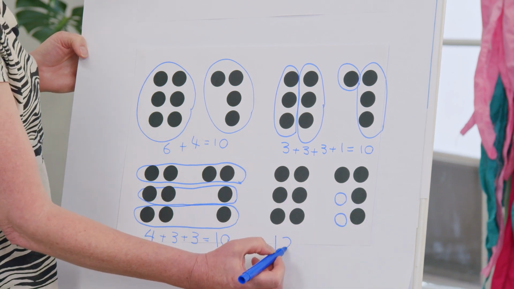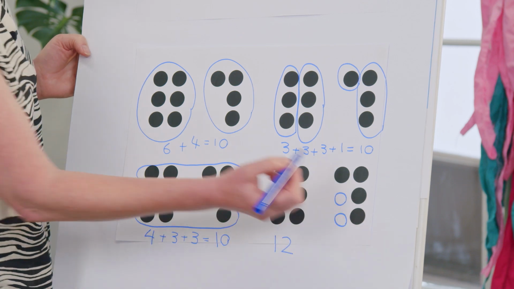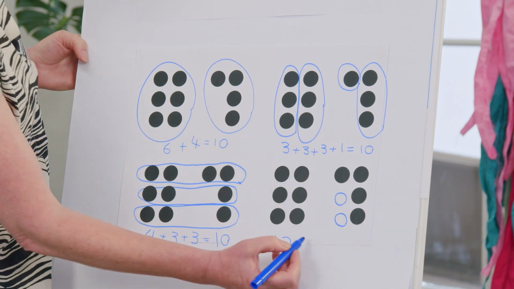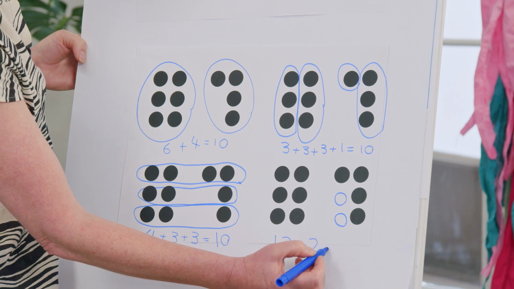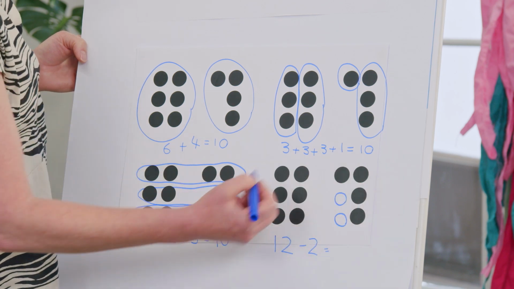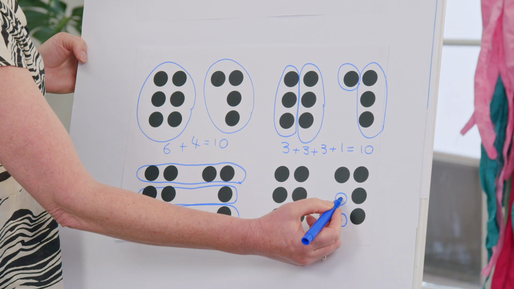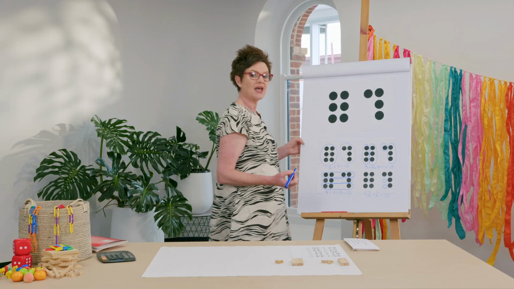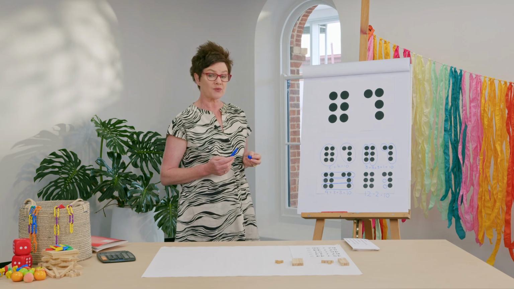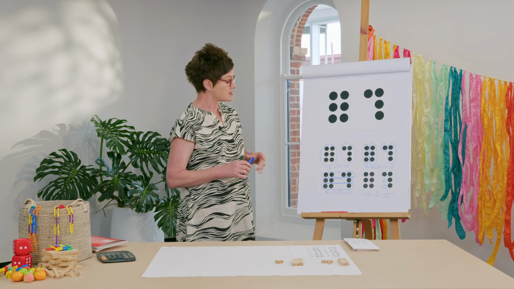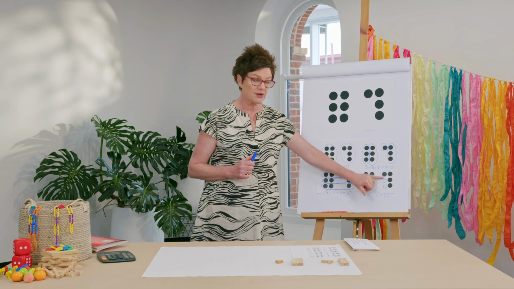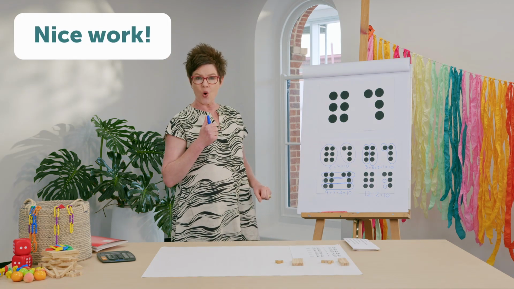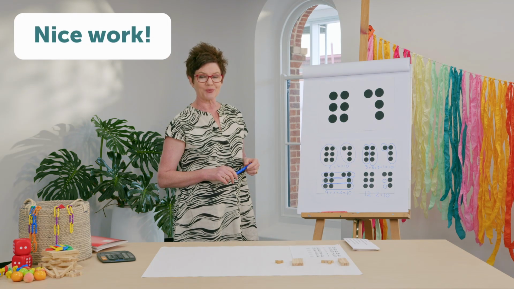So I have 12, but we know that 2 weren't there. So I'm now using a subtraction. An array like this would be 12, but I am missing 2. So now I have 10, a total of 10. And that's how we subitize. Lots of different ways to get the same amount. So congratulations, nice warm up number talk, and let's get moving.